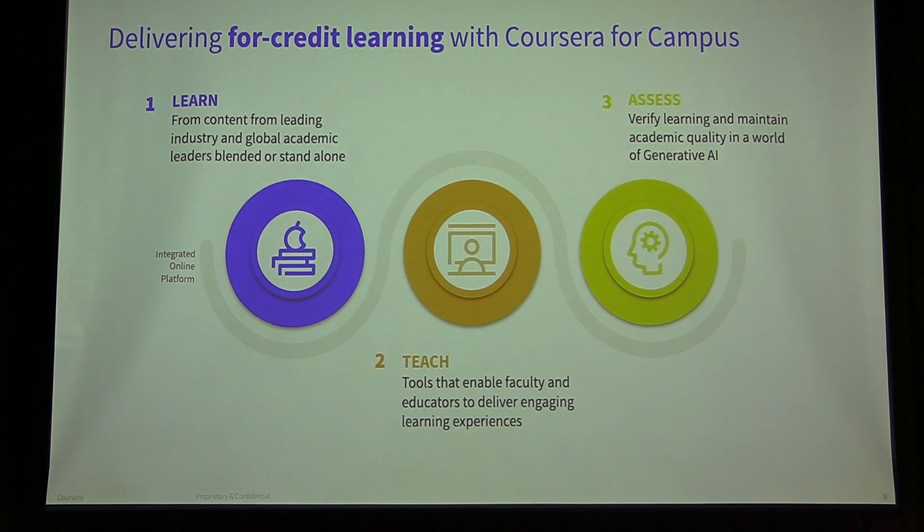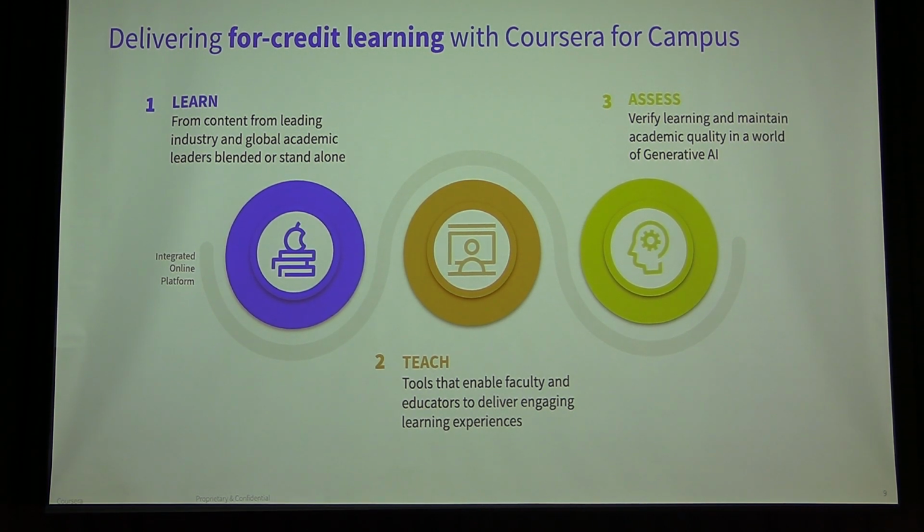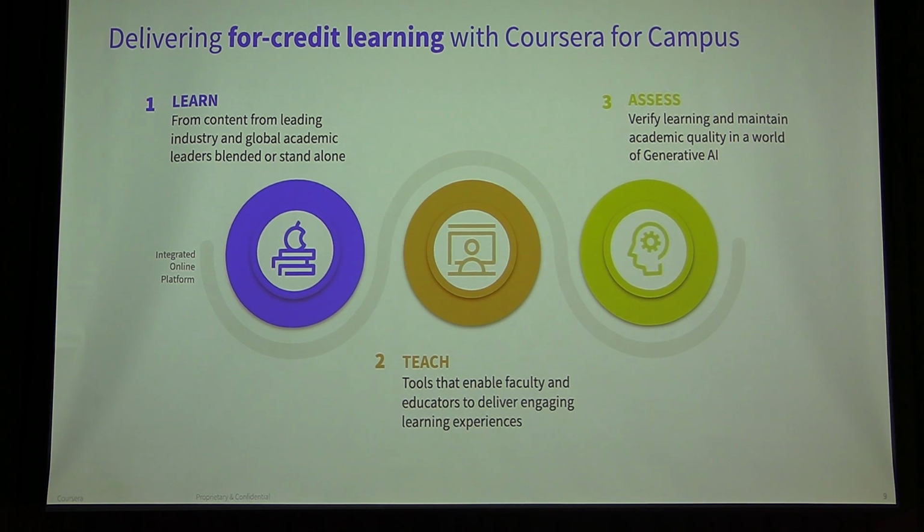So the way I think about the life cycle when you have to offer a course to a student, there are three key aspects. The learning aspect of it, which is what you've all been doing, the content piece of it. Then how do you enable the teaching aspect of it, the delivery mechanism? What is the experience that students and teachers have for the content to be delivered?